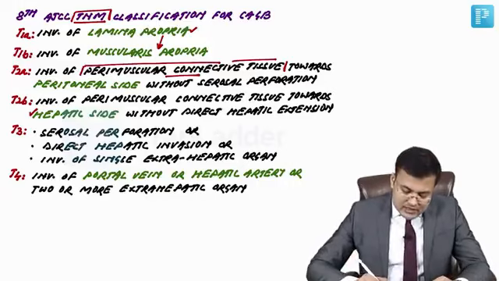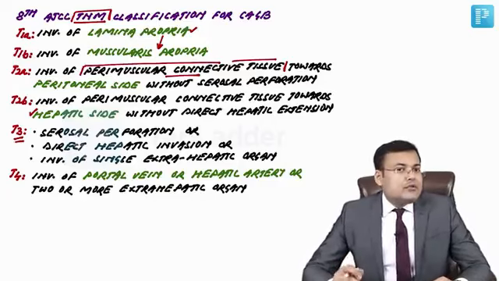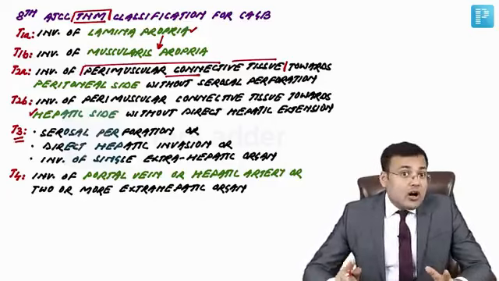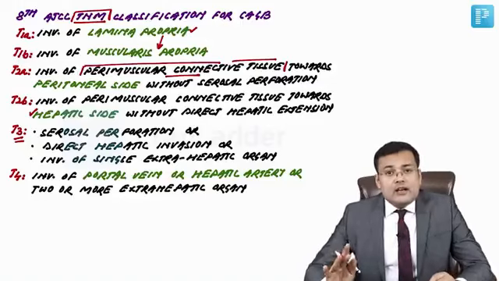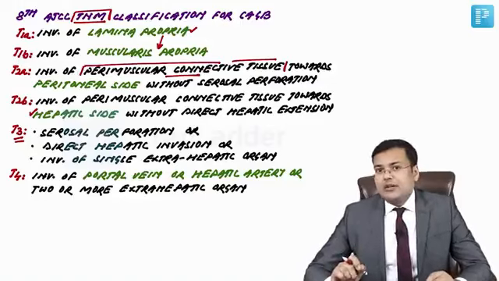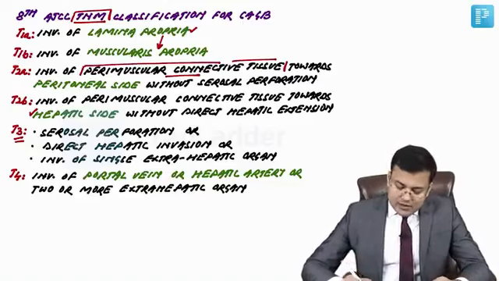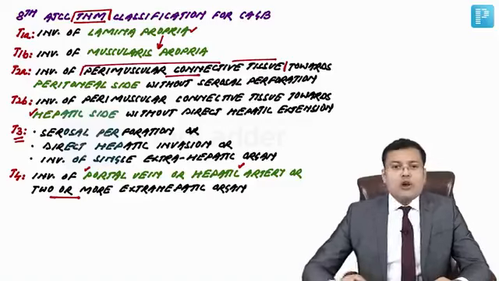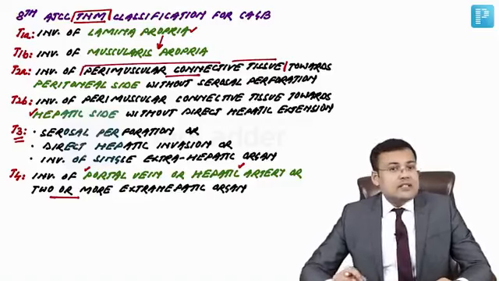So what is included in T3? If there is serosal perforation or direct hepatic invasion or involvement of single extrahepatic organ. And in T4, if there is involvement of portal vein or hepatic artery or two or more extrahepatic organs. So this is T staging.